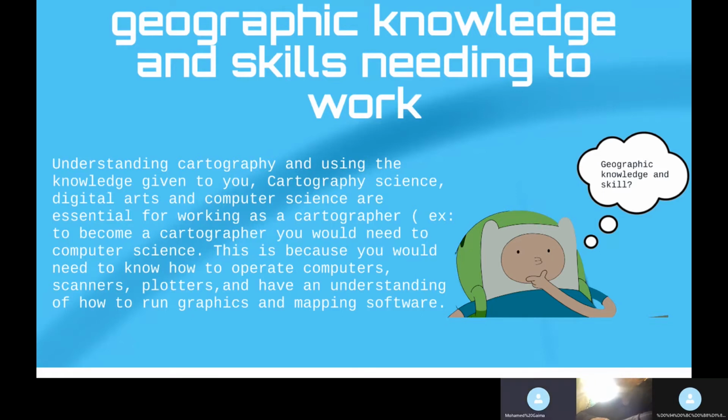So cartography is a part of a huge interdisciplinary industry, where we capture and store and analyze and distribute spatial data.